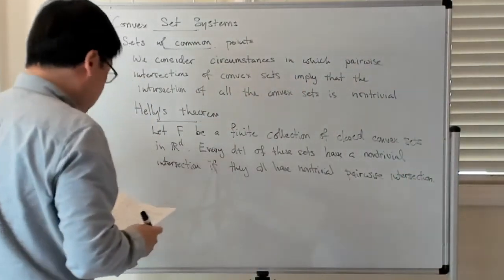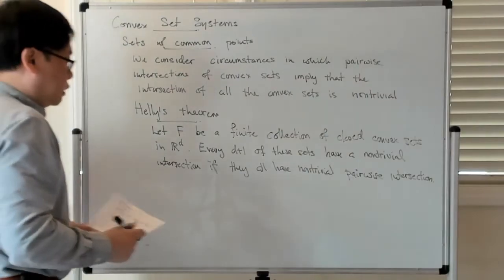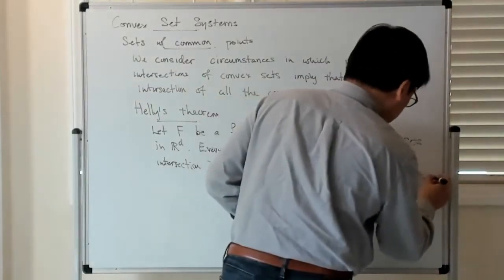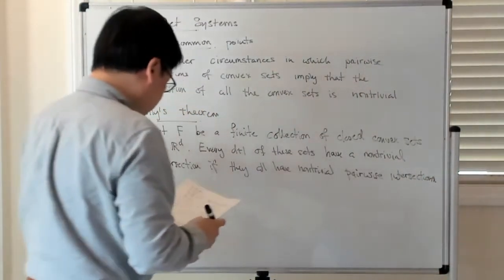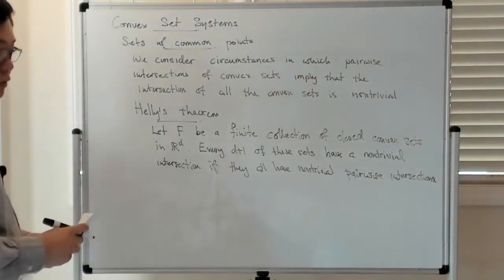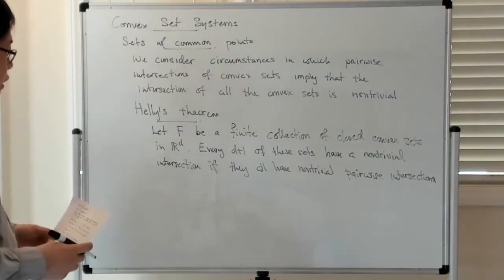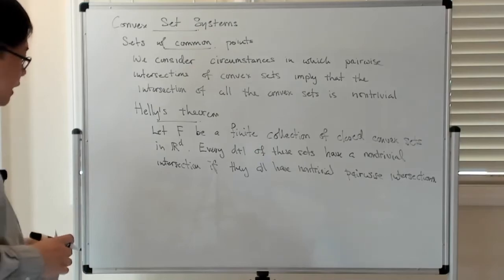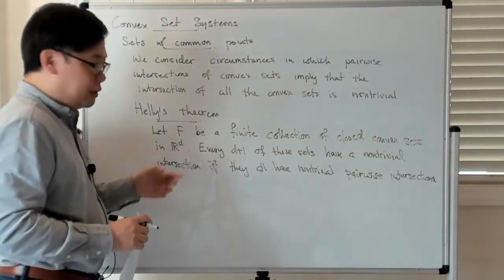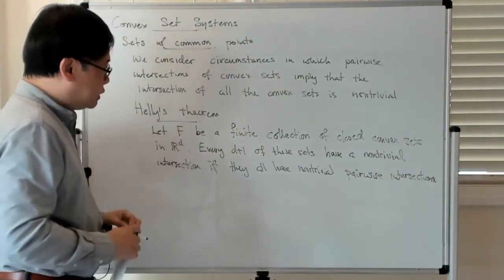Okay. So I'm not going to prove this, but let me just remark that the way you go about setting up the proof is by induction on d, the dimension of the containing space.